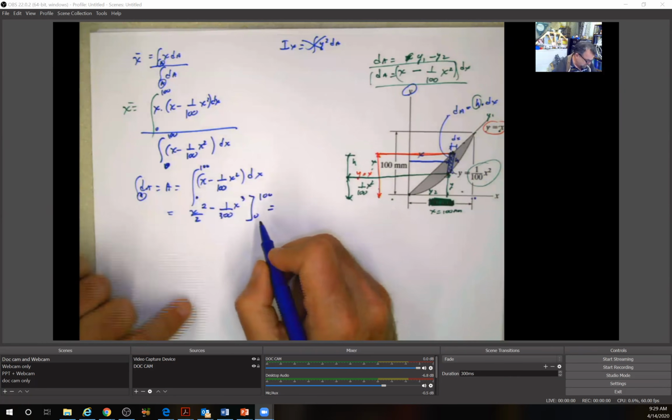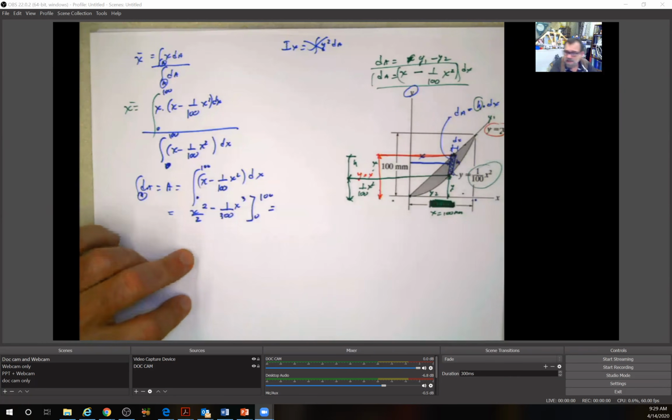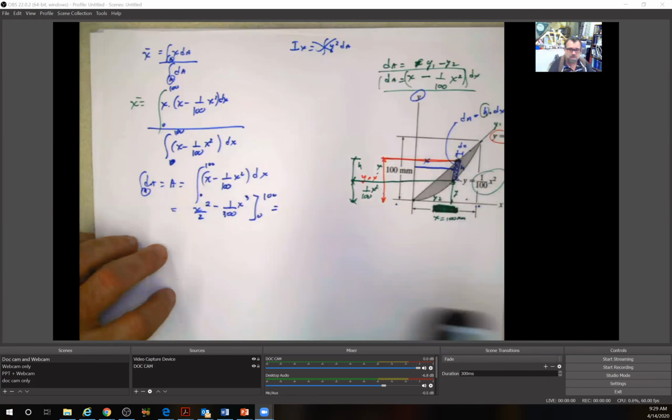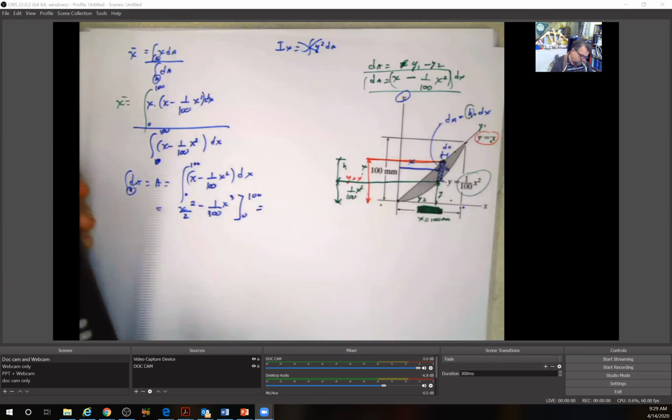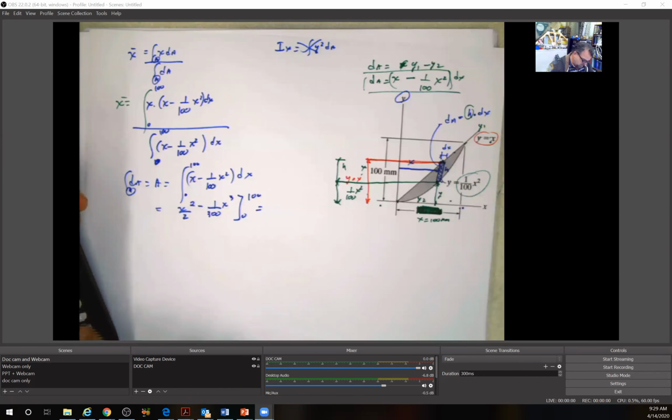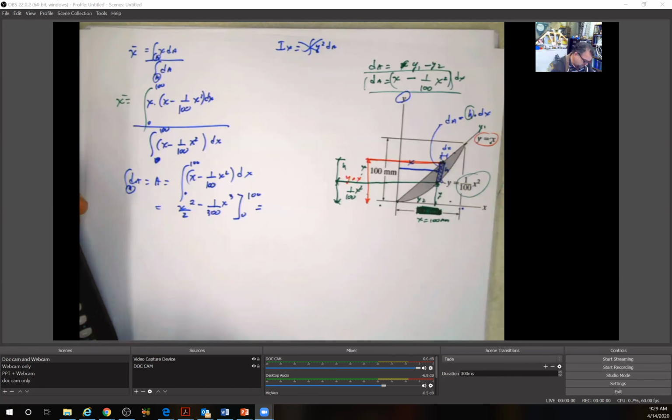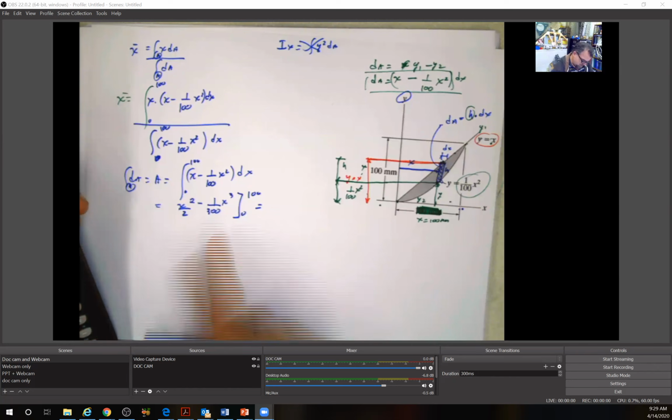So for x equals 0, work this out with me, guys, please, because I don't have these results. x squared is 10,000 divided by 2, so 5,000, minus 100 to the third divided by 300.